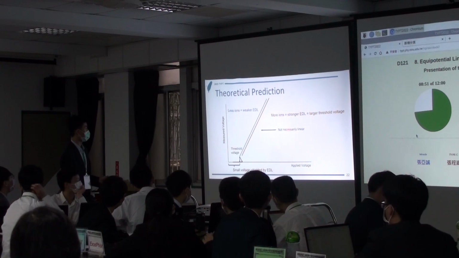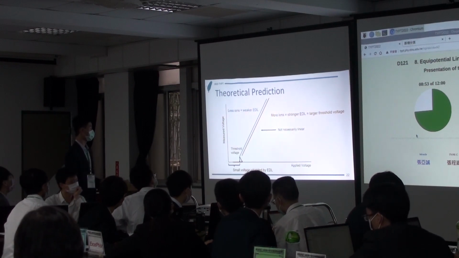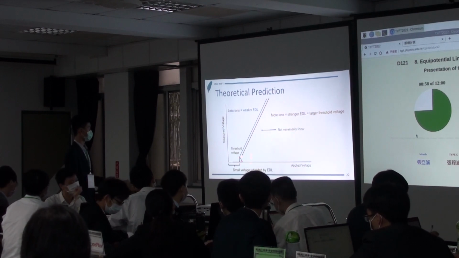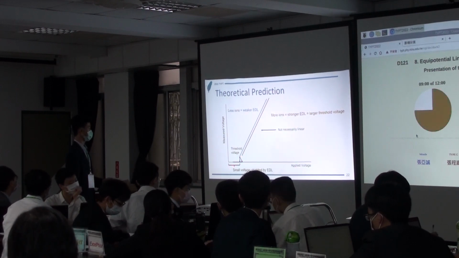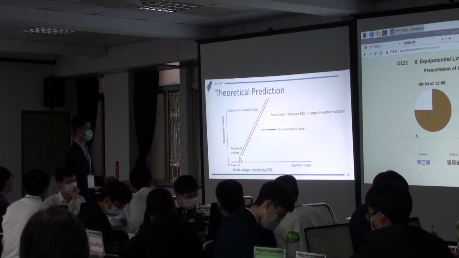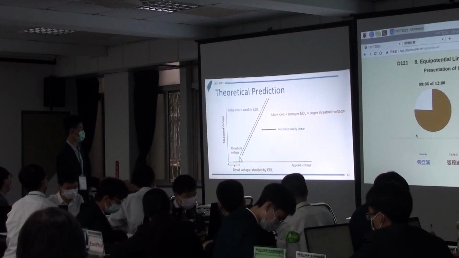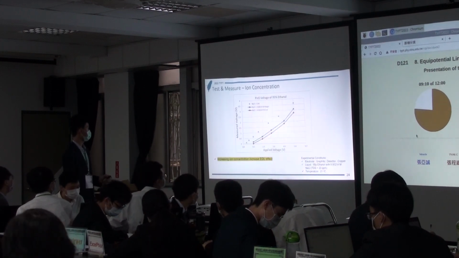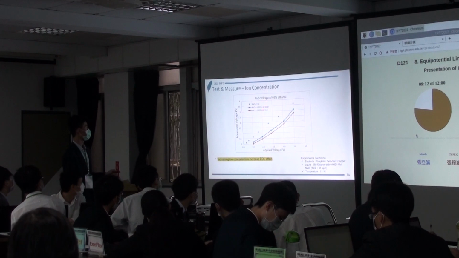And we also want to see how the concentration of ions can influence the threshold voltage. And our theory is that if the voltage we supply is beneath the threshold voltage, then we won't be able to measure anything. But if the voltage we supply is larger than the threshold voltage, then we will be able to measure our potential line. And this is the result for pin 5.